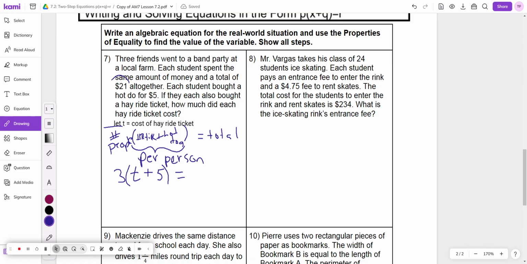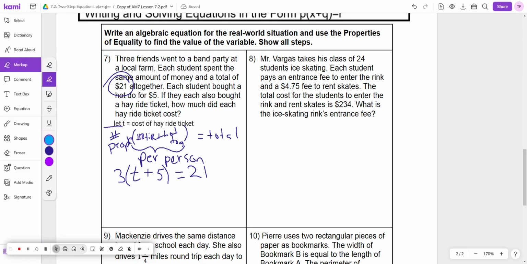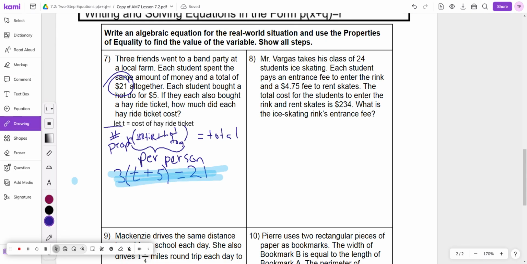How much did they spend all together? 21 bucks. There's my equation. So now I'm going to solve it. But before I do that, I am going to highlight my equation, so that way I can identify my equation.